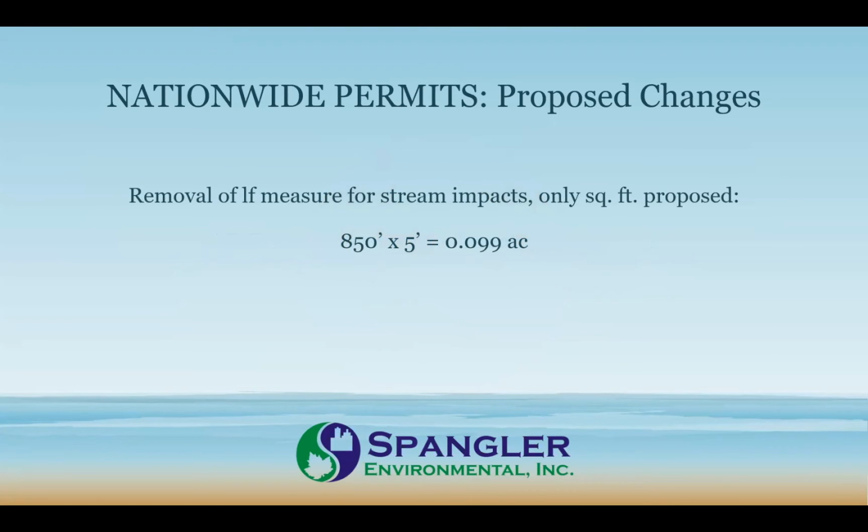And the final significant change, and this has a large impact on both cost for mitigation as well as notification requirements: they removed the linear foot measurement for stream impacts. This is across the board for all stream impacts for all nationwide permits.